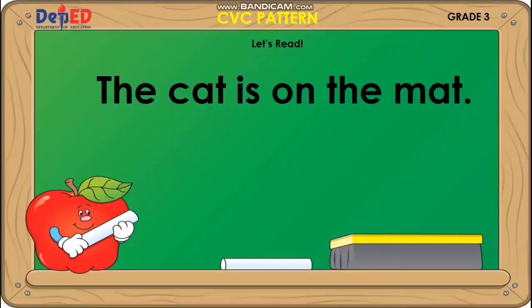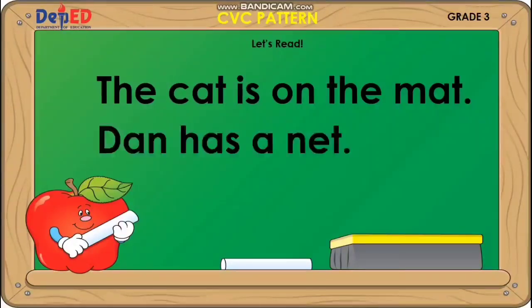Okay? The cat is on the mat. What are the CVC words used in the sentence? Very good. The CVC words used in the sentence are cat and mat. Dan has a net. What are the CVC words in the sentence? Very good.